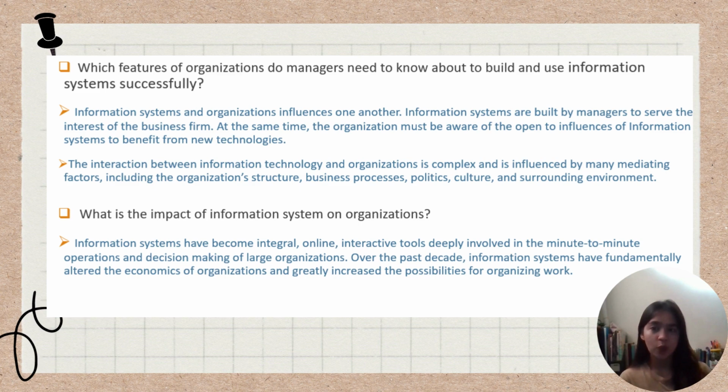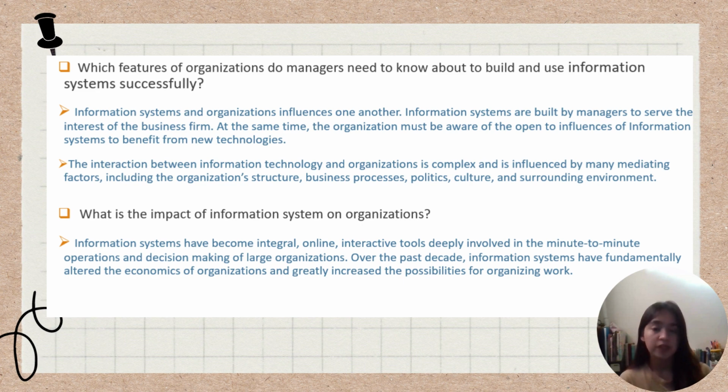So to answer the first two questions in the learning objectives, number one, which features of organizations do managers need to know about to build and use information systems successfully? Information systems and organizations influence one another. Information systems are built by managers to serve the interests of the business firm.